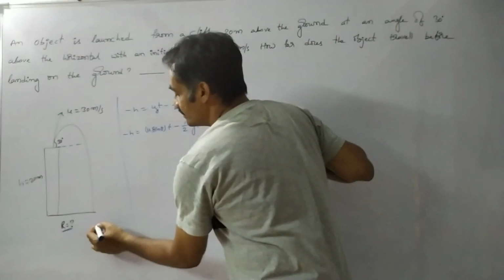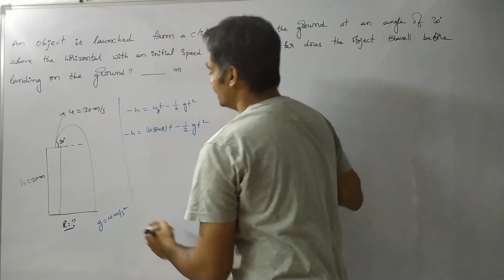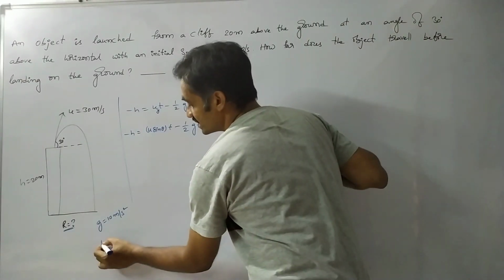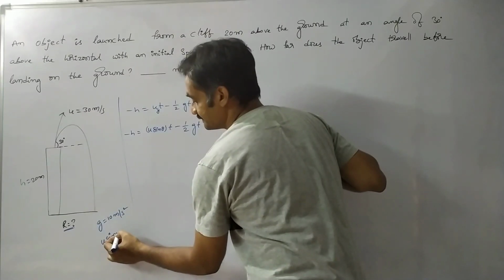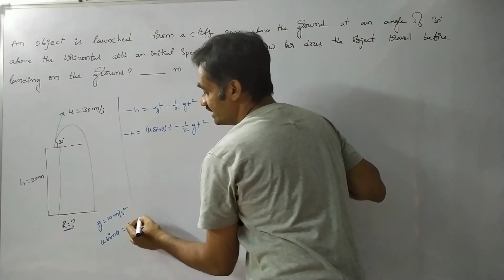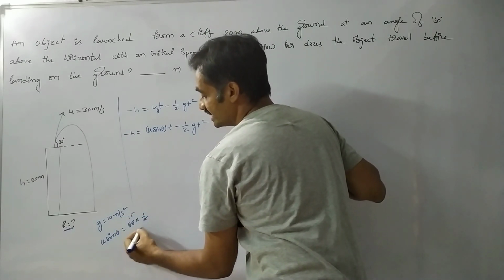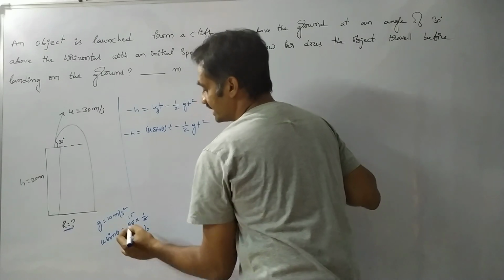So here the value of g is 10 meter per second square, and we know that u sin theta is equal to velocity 30 into sin 30, which is nothing but 1 by 2. So here we get 15. U sin theta is equal to 15 meter per second.